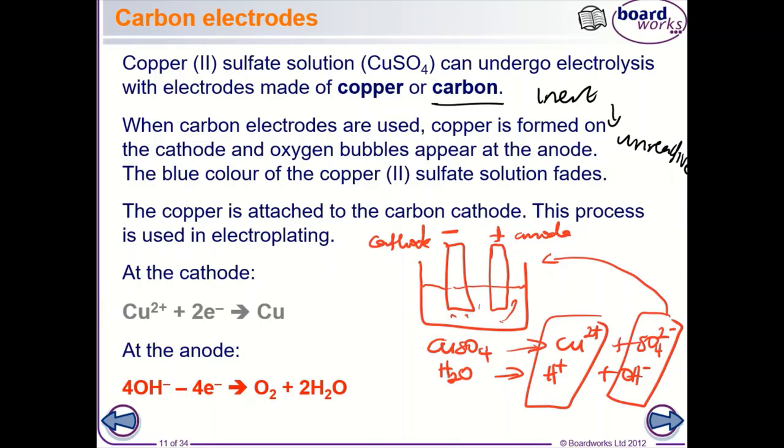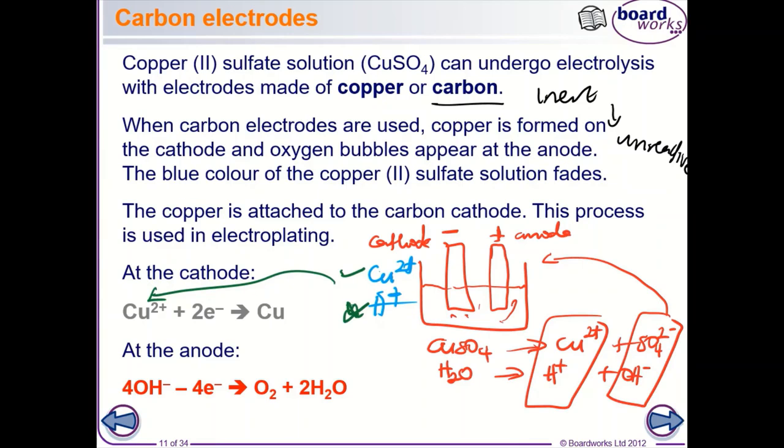Both copper and hydrogen will get here, but copper will be given preferential discharge. And so copper goes in to represent the cathode.